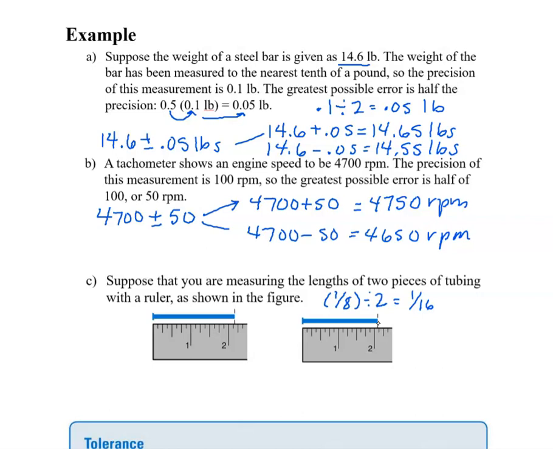So I've got what I think with my human eye is really close to 2 1/8, plus or minus 1/16.